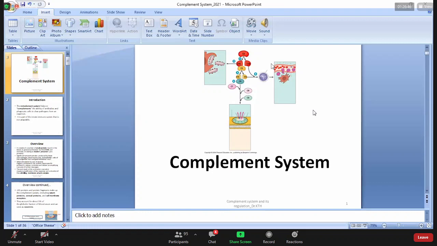So have you guys done immunoglobulins and immunoglobulin switching? No. Okay, that's the reason. That will become obvious when you start immunoglobulins and immunoglobulin switching. So when you get an infection, immunoglobulins have a heavy chain and a light chain.